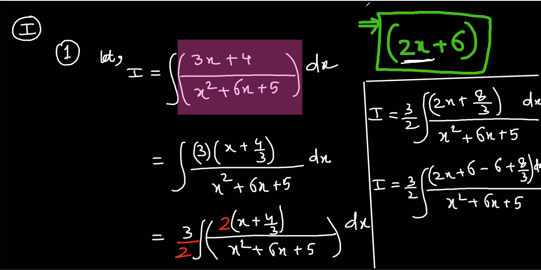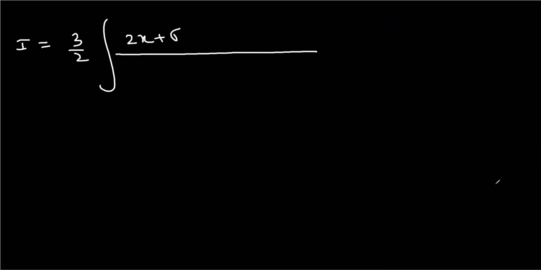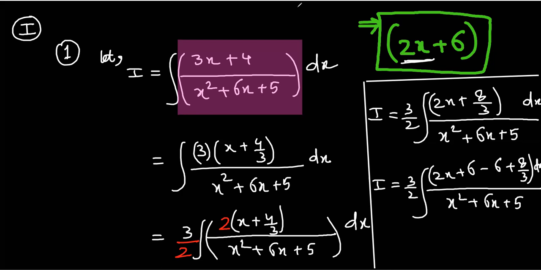The next step is I equals 3 by 2 outside, you have 2x plus 6, and then the next two terms, I always told you not to commit a mistake in this.